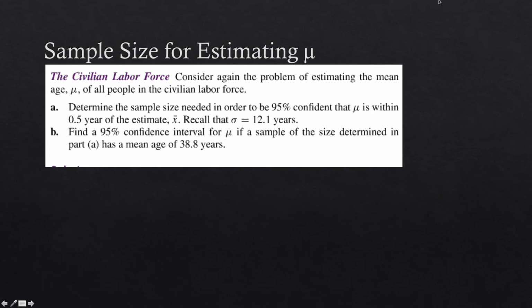So remember, to solve for our sample size, which is what we're trying to do, it's z sub alpha divided by 2 times our standard deviation over E, all squared.